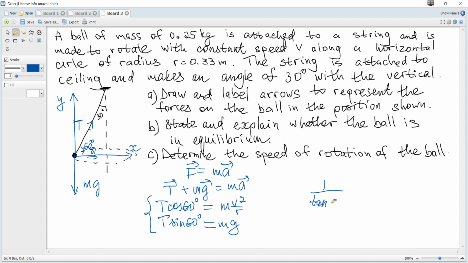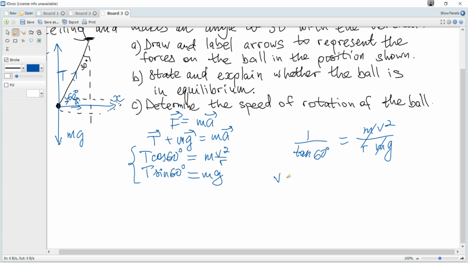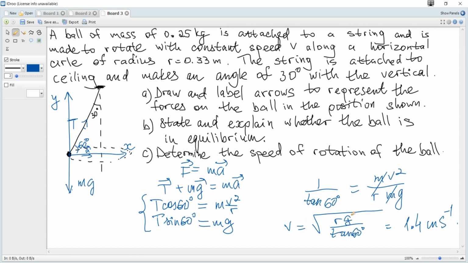Let it be 1 over tangent of 60 is equal to mv squared over r divided by mg. m cancels, and we get that v is square root of rg divided by tangent of 60. Multiplied by tangent of 30 is the same as divided by tangent of 60, so we get the same result, it's 1.4 meters per second. And that's all for this question.